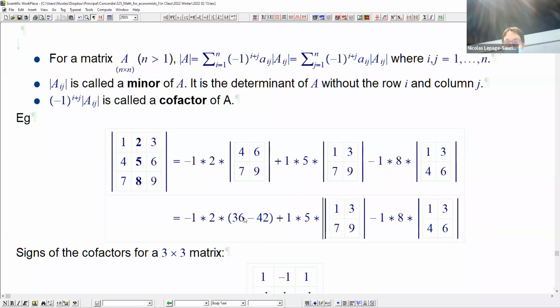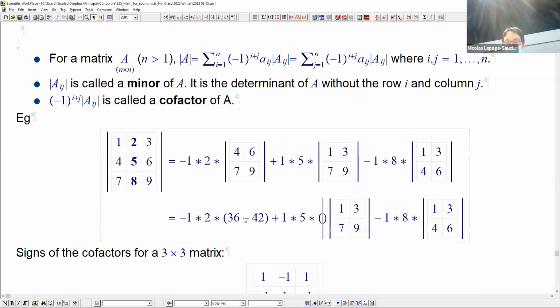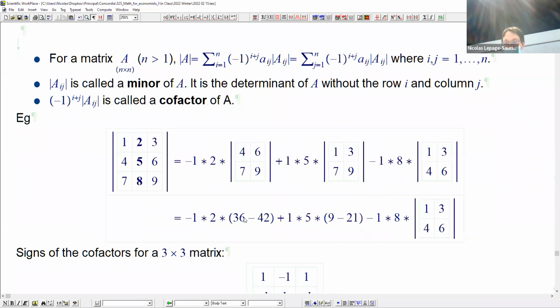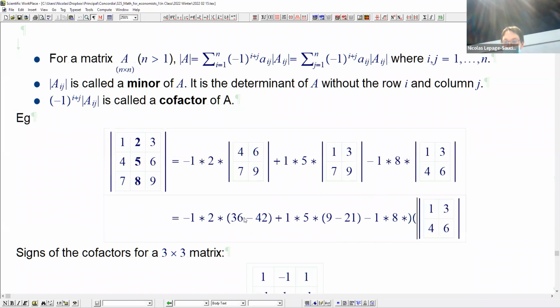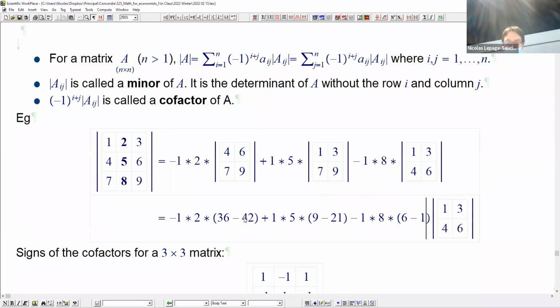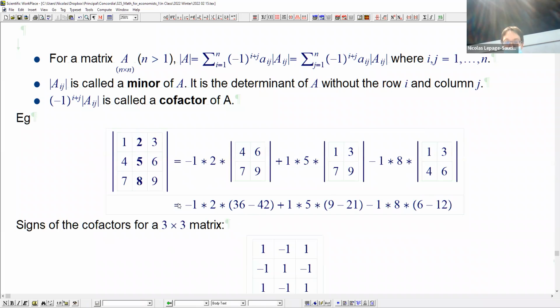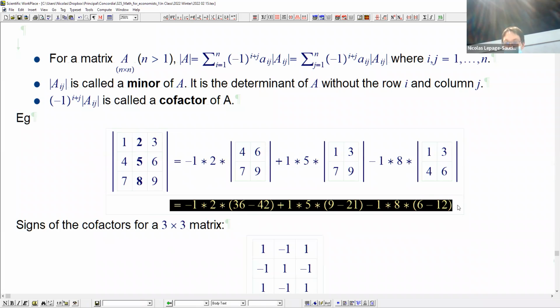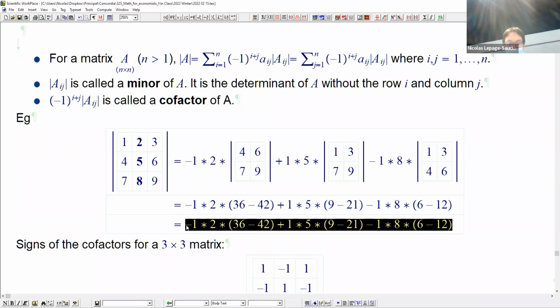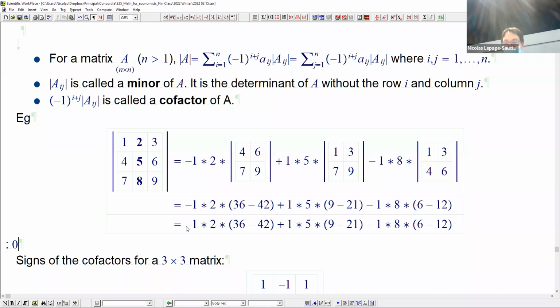Here, the determinant of this submatrix is 9 minus 21, and the determinant of this submatrix is 6 minus something. And then let's just compute the result. What do we get? Oh, we get 0. Yeah, sorry.